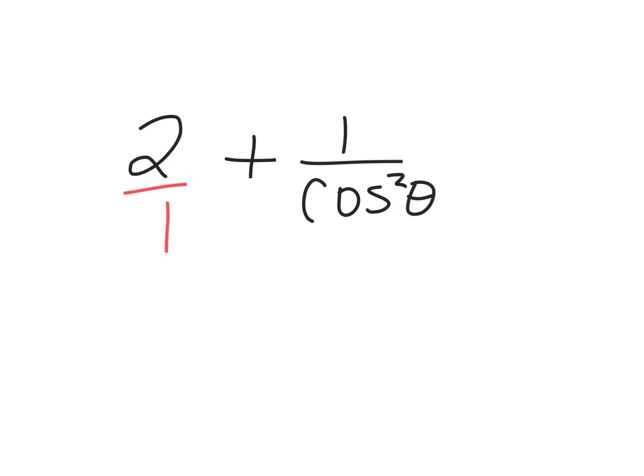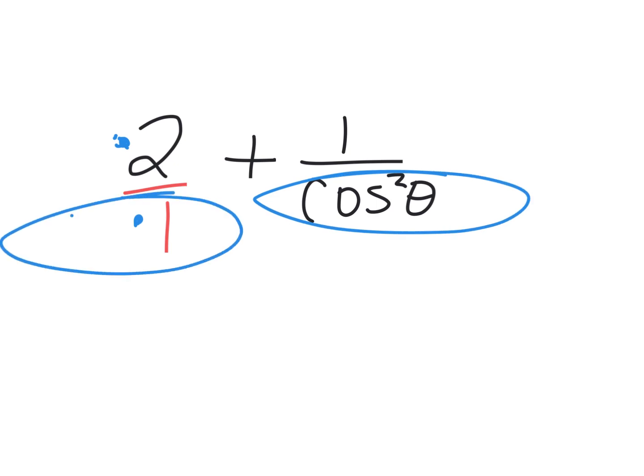All right. Would you agree, usually in common denominator problems, we multiply stuff by something? Yeah. Well, I have to multiply it by something. Come on, it's not that hard. What do I have to multiply the 1 by to make it be cosine squared? This is the denominator I want. Cosine squared? Yeah.